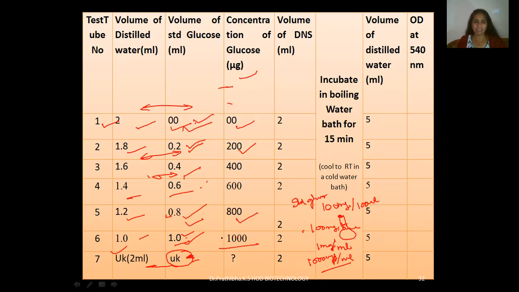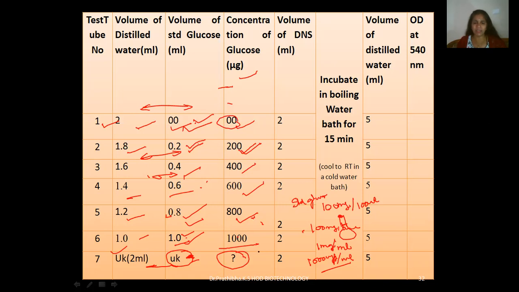So for 0.6, in 1 ml 1000 microgram of glucose, how much for 0.6? You'll get 600 microgram of glucose. And the same thing, 0.4 is 400 microgram, 0.2 is 200 microgram. This is 0 because there is no glucose here. And in the 7th test tube, we need to find out the concentration.